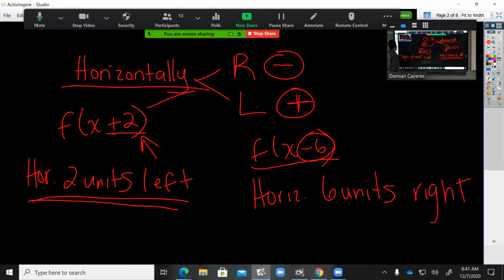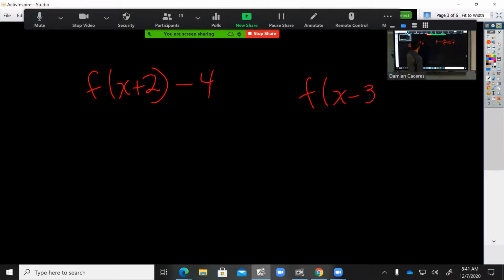Now the next part is going to be a mixture of both. So for example, I'm going to tell you something like this. In this case, the number is not in the parentheses, and the number is in the parentheses. It's 2 different movements. So when this happens, that just means the same thing we just reviewed, but you're moving 2 different ways.